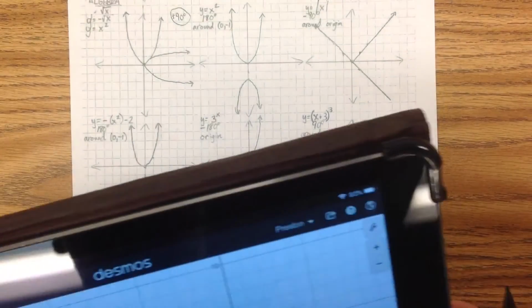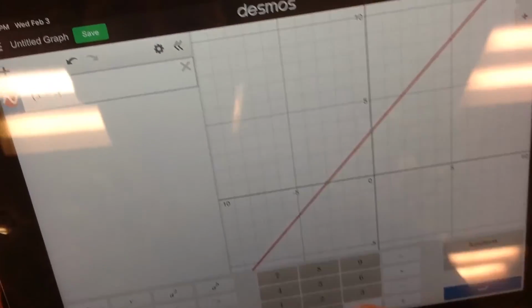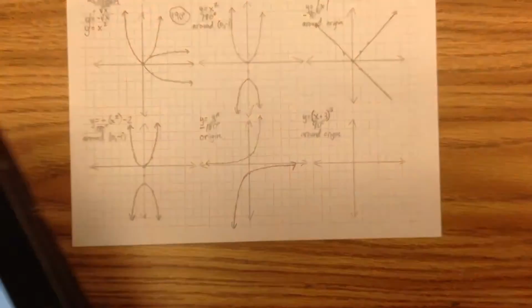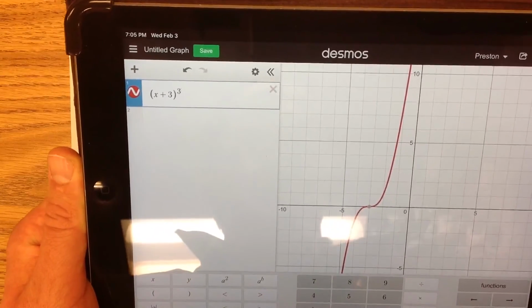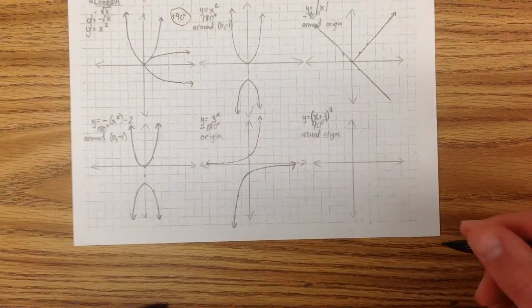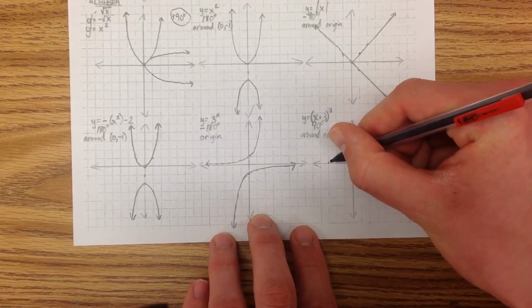Last one, quantity x plus 3, cubed. So again, it looks like this. Go here into the third. So it looks like that using this button. So it's over 1, 2, 3.